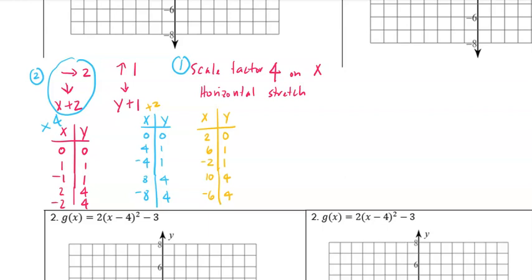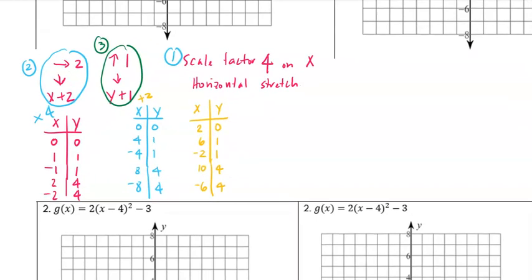And then the last thing is the 1, the only thing that changes the y value. So I'm going to add 1 to the y: 2, 1, 6, 2, negative 2, 2, and then 10, 5, and negative 6, 5.